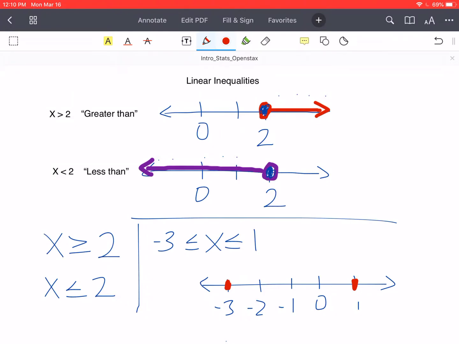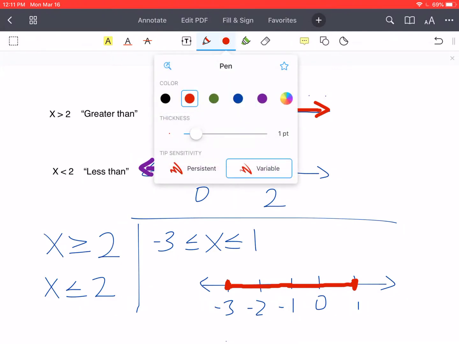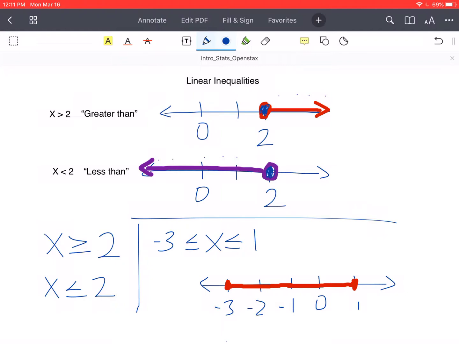We want all the values bigger than -3 and less than 1. This gives us boundaries, because everything bigger than -3 is everything up this way, everything less than 1 is everything down this way, and these two overlap in this interval. So this gives us the values between -3 and 1. And we saw this in our graphs earlier as well, just looking at the areas instead of looking at it just on a number line.